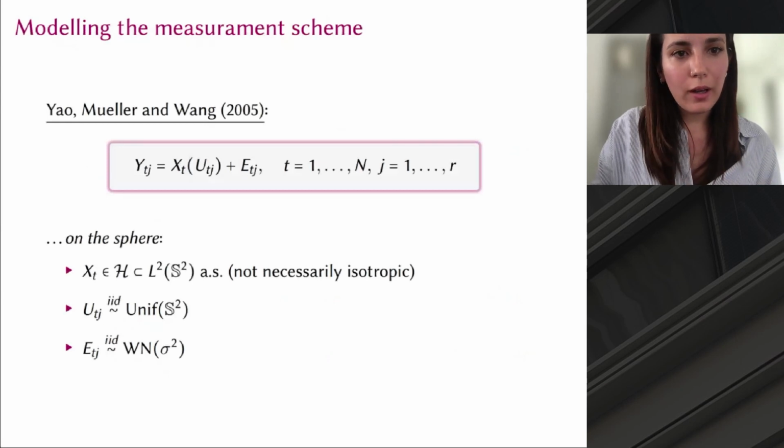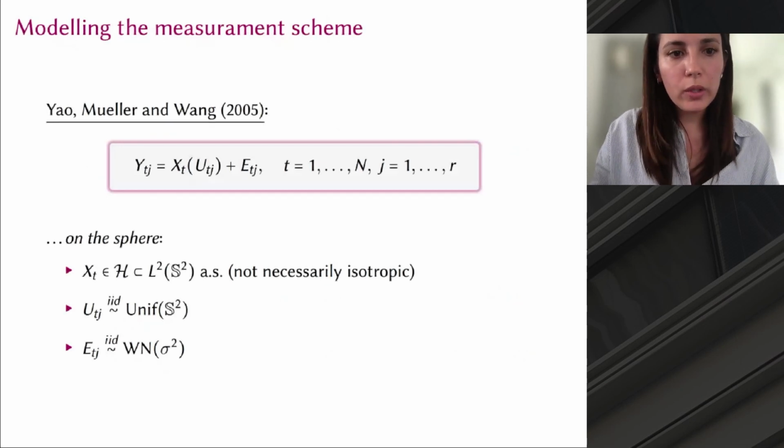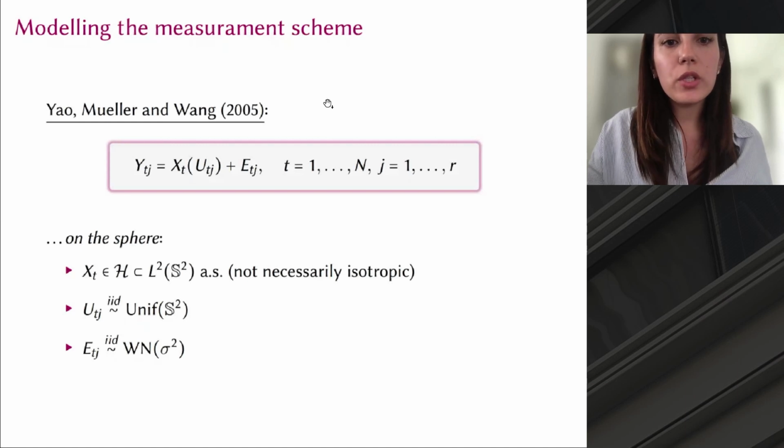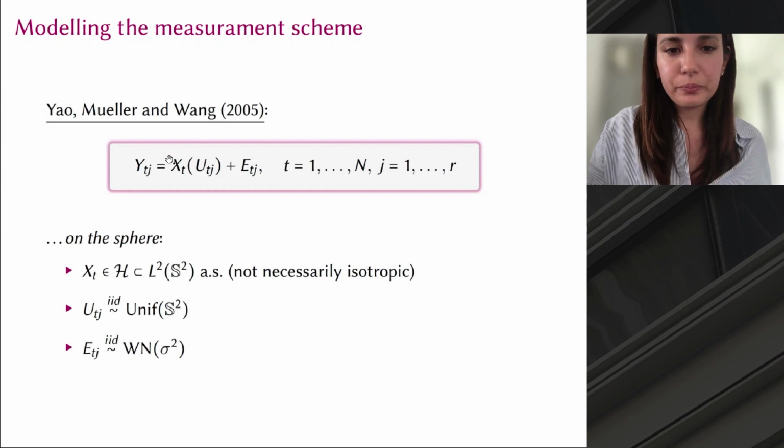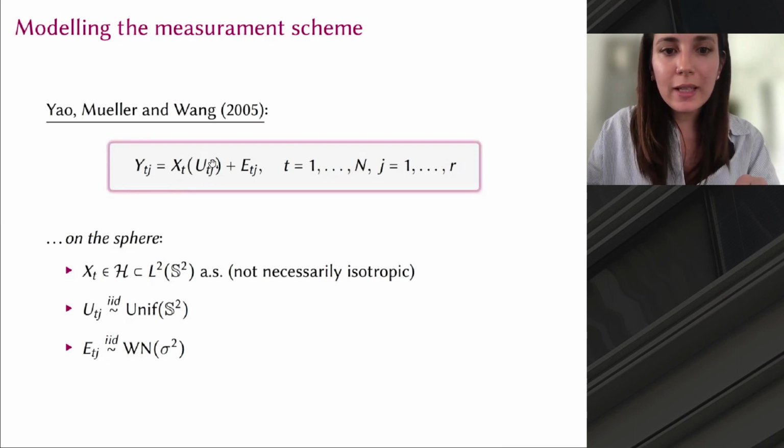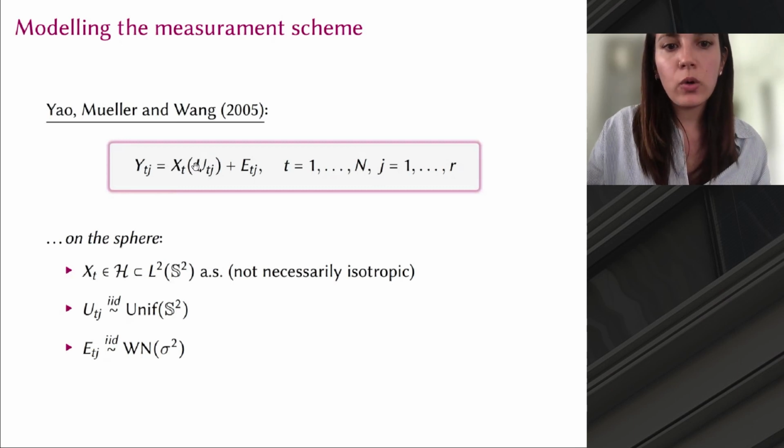So our focus will be on this setting, the sparse setting. And this is the very well-known model by Yao, Mueller, and Wang, in which our X_t is not observed directly, it is a kind of latent process, and our observations are a noisy version of our X_t, of our latent process, computed at some random locations, called here the U_tj. So epsilon_tj is a white noise, measurement error, let's say.